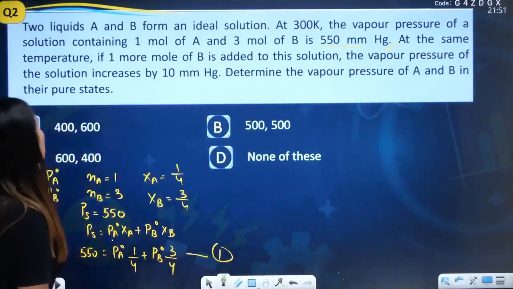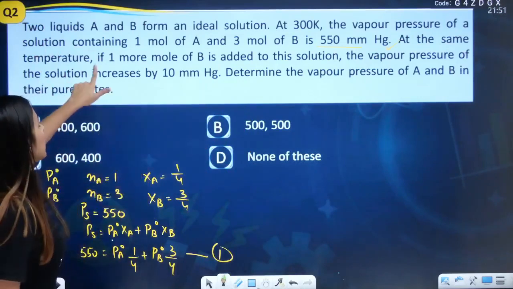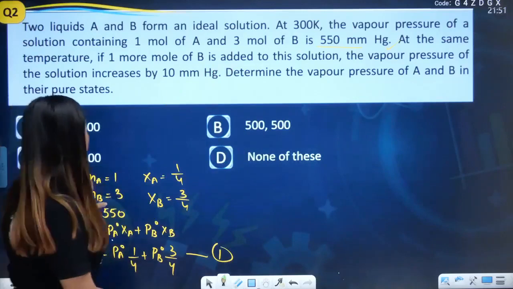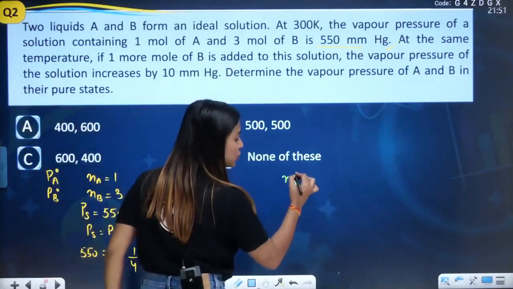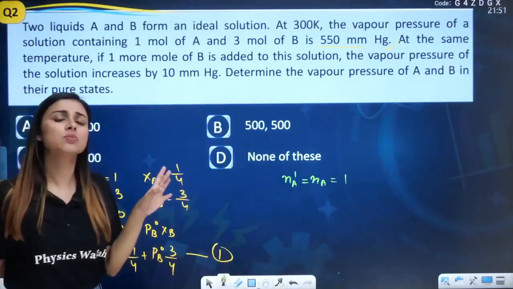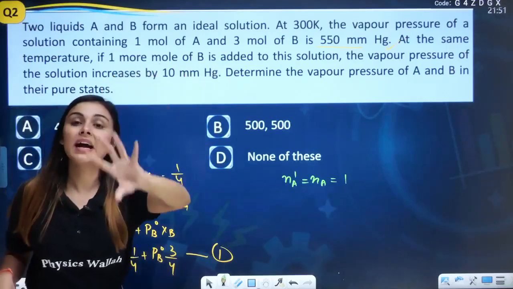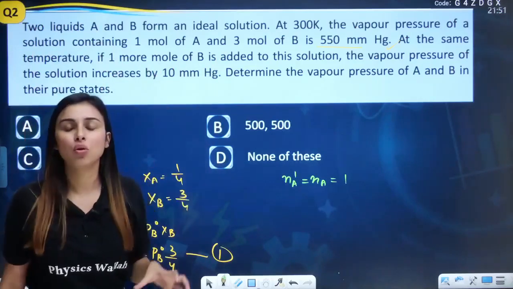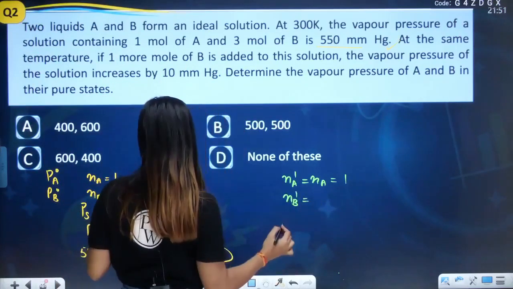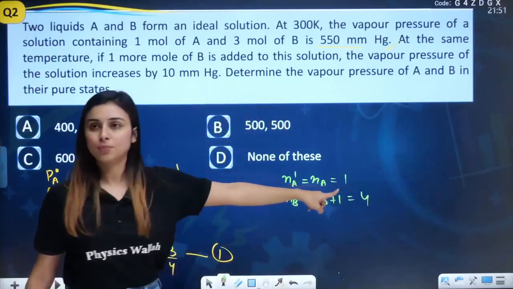The other part says that at the same temperature, if 1 mole of B is added to the solution, it means that now the moles of A remain 1, because A's moles were not affected, but they added 1 more mole of B. So this time moles of B, which were initially 3, are now 4.